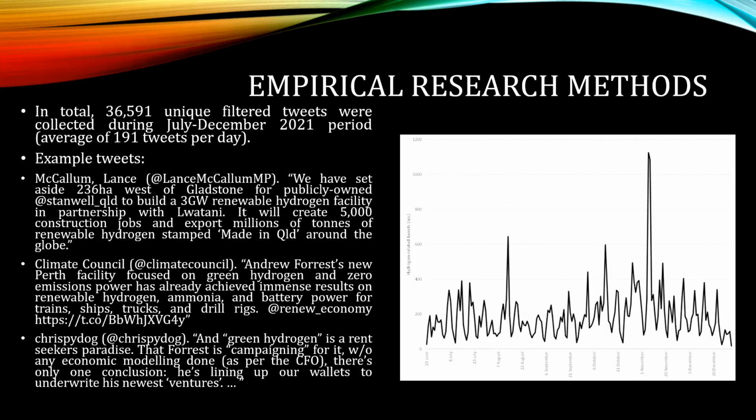Around the periphery are these smaller actors that might have a peripheral interest in hydrogen, but tend to be very highly critical of the range of hydrogen projects that have been advanced in the Australian economy, including on allegations of rent-seeking, low-level corruption. The many discussants in Twitter problematize the use of non-renewable technologies as inputs into hydrogen production. So this is your so-called blue hydrogen. A lot of people are actually critical about that.